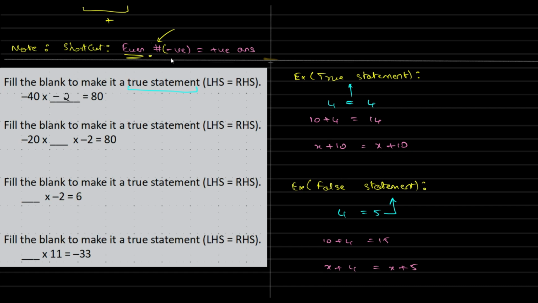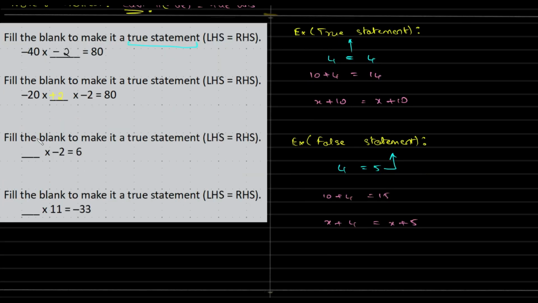Whenever you're looking at this scenario, I have a positive answer, so I need to have an even number of negative terms. I already have an even number of negative terms, so this is positive. And 20, what gives 80? 20 into 4, so this will be 2. 2 into 2, 4. That maths part you guys will do, no issues.